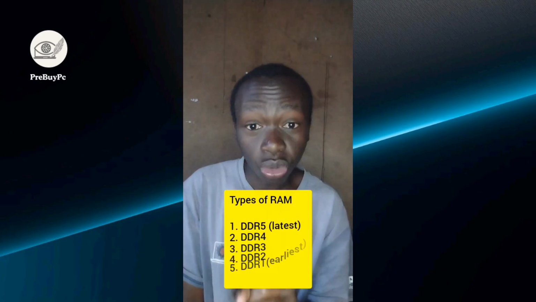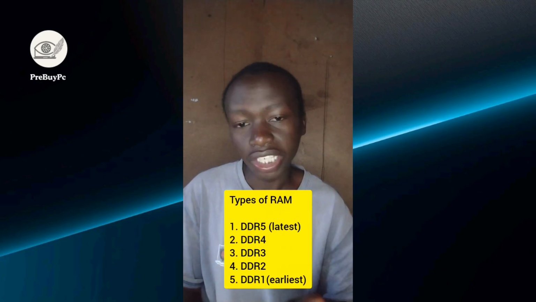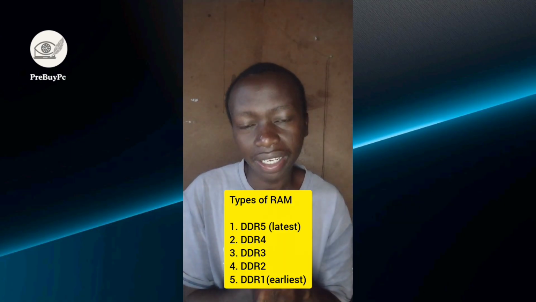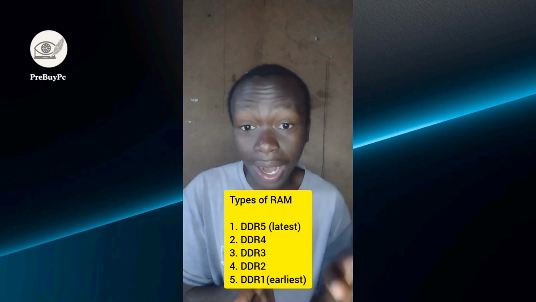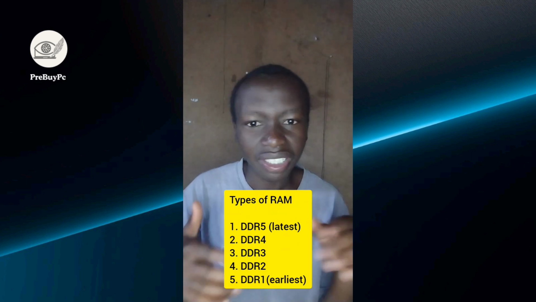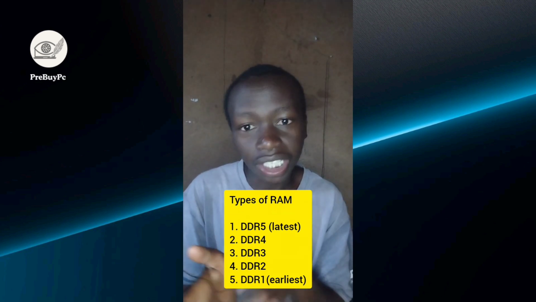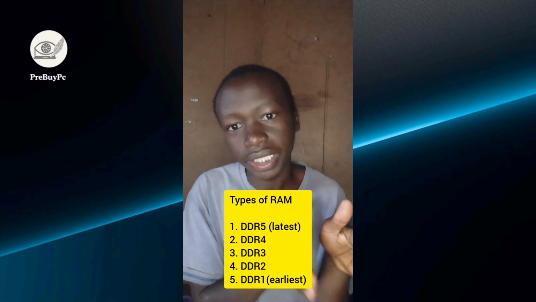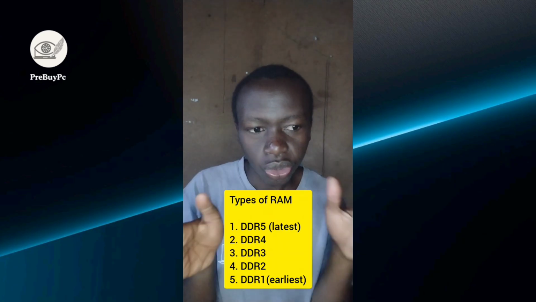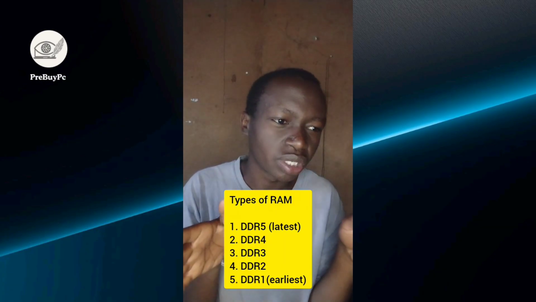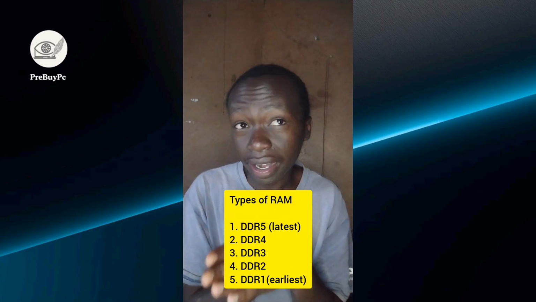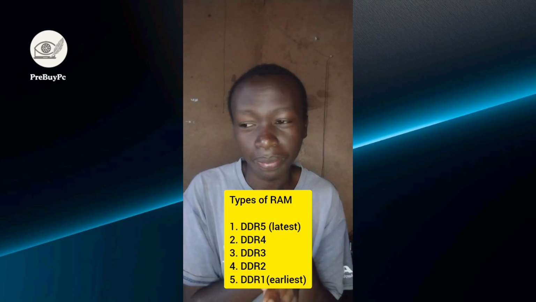That was the first version, and then it got improved and speed increased. Sasa hiyo ndio ikaitwa DDR1. And then afterwards, after several years, it improved again, ndio ikaitwa DDR2. Later, around the 2010s to 2016, DDR3 ikakuwa introduced.